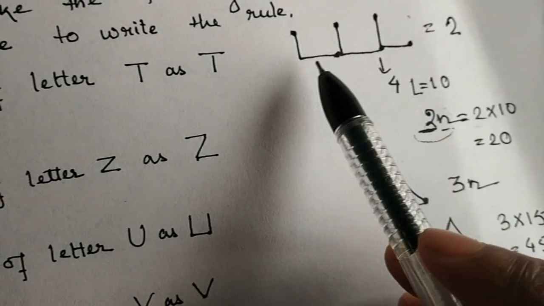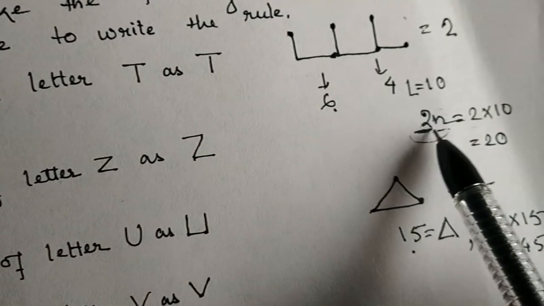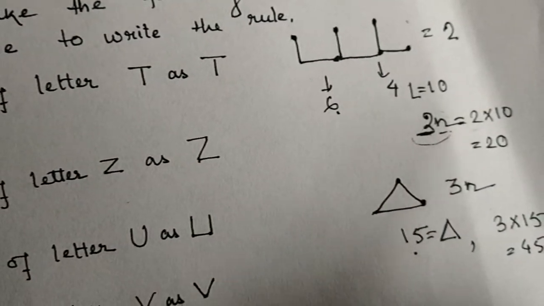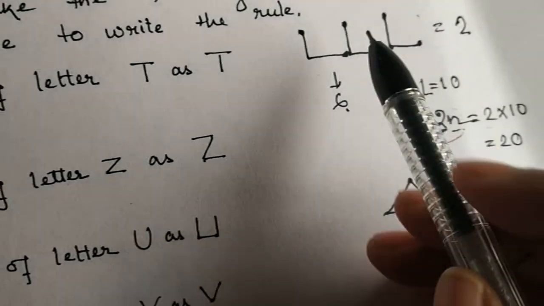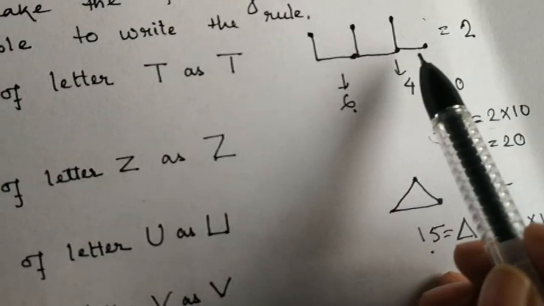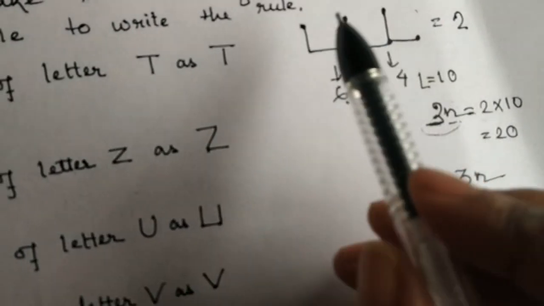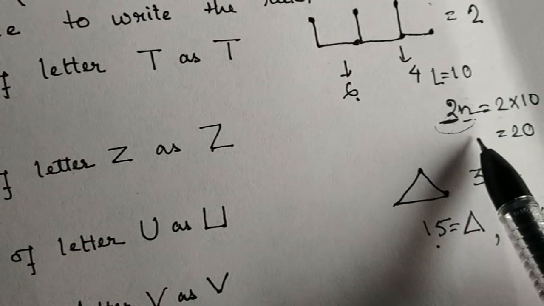So if there are 3 L's, then 3 into 2. If there are 5 L's, then 5 into 2.